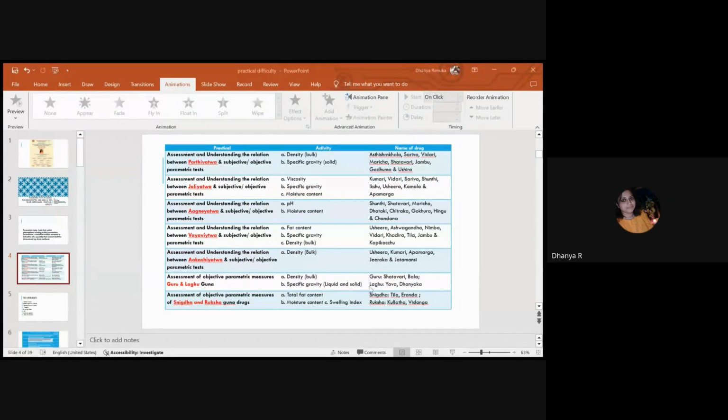Okay. It is not in presentation mode. Madam, is it in bulk density slide now? No, the presentation is not visible. Okay.